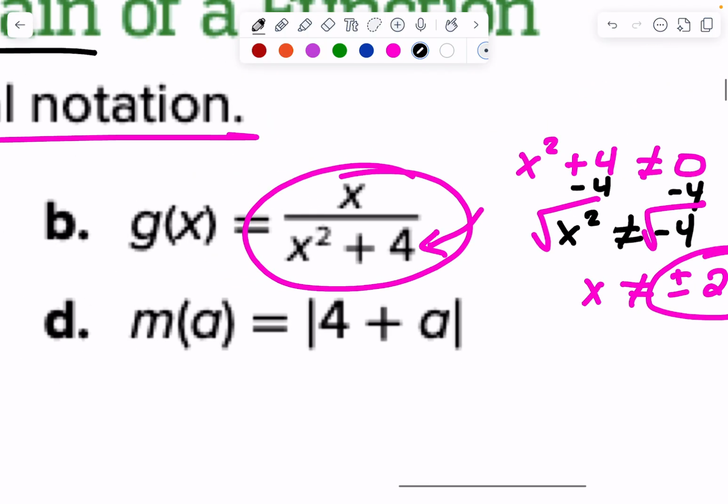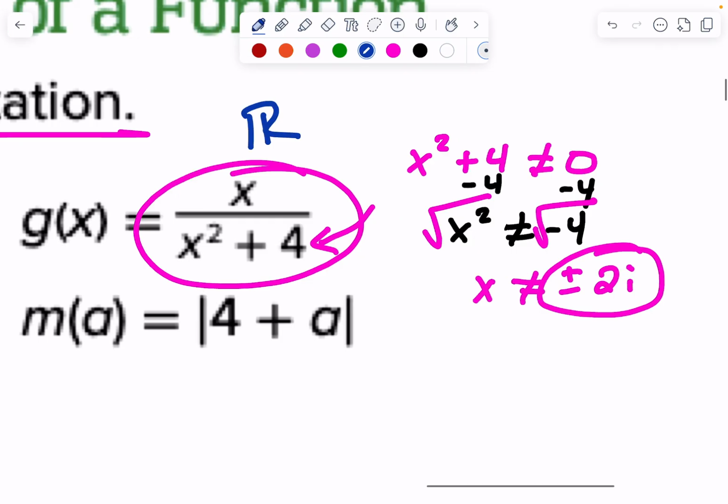Let's look at this a little bit further. If this was minus 4, this would be a huge difference. But x can be whatever it wants to be, because no matter what, if this is, let's say, a negative 2, and I square it, it's going to be a positive number, and I'm going to add a number to it. It's never going to end up being 0. So x actually can be any real number, because x can't be an imaginary number.